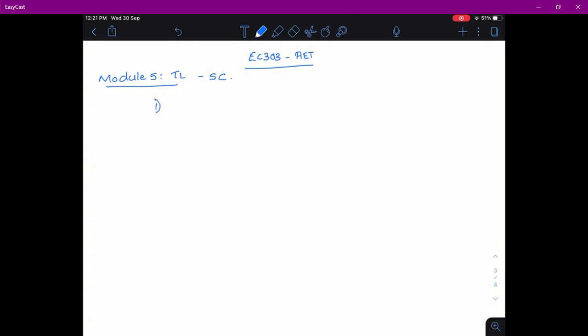So in this lecture we are going to see how to mark or how to find the value of reflection coefficient, VSWR or SWR, and input impedance at a length L from the load.